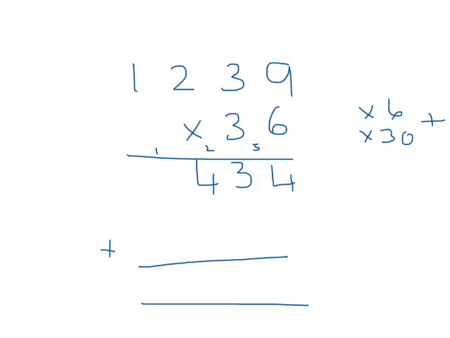And then finally 6 times 1 is 6, add the 1 is 7. So the answer to 6 times 1,239 is 7,434.